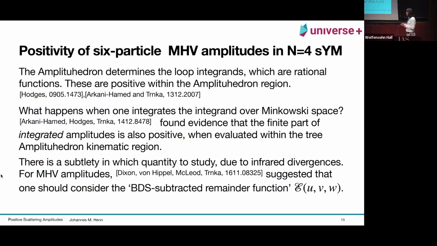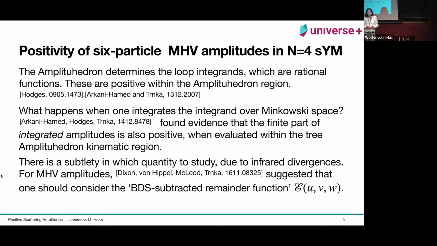The amplituhedron gives you the first hint because it tells you what the loop integrand is, and there's a statement that the loop integrand is positive in the amplituhedron kinematic region. So that's a good first piece of information. But then there's a worry. It's not so clear what happens when you integrate this over Minkowski space. And so at least I am not aware of a solid argument or even proof that this positivity prevails. So at that level, it's a conjecture.